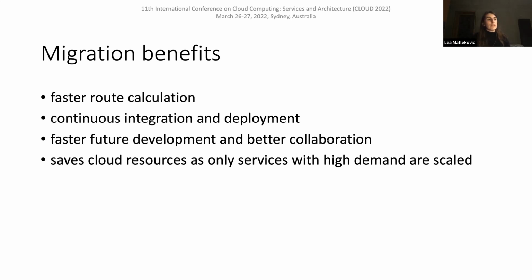It is easier to add new features because it doesn't require a lot of time spent understanding the code base. And we saved a lot of cloud resources because we don't have to scale the whole monolith to increase the support for concurrent users. We can just scale the services with high demand.